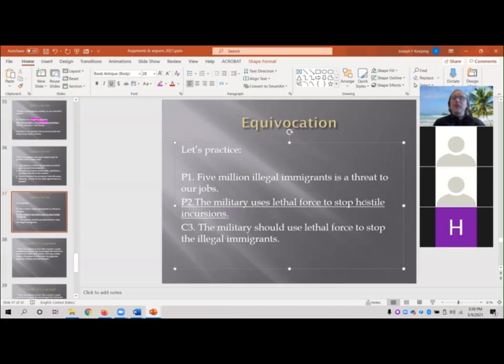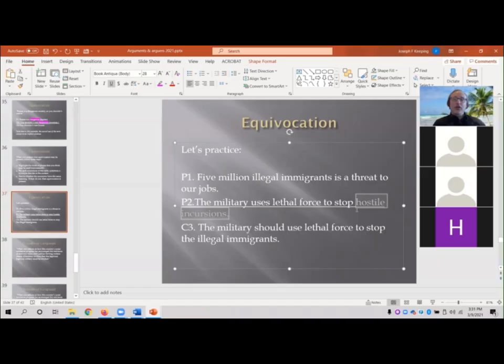Do they mean the same thing? Is a threat to our jobs the same thing as hostile incursions? That's step 3. We ask if they mean the same thing. A threat to our jobs, which remember is a substitute for invasion. This is where we're putting in, as a substitute for the word invasion, something that is supposed to have the same meaning.